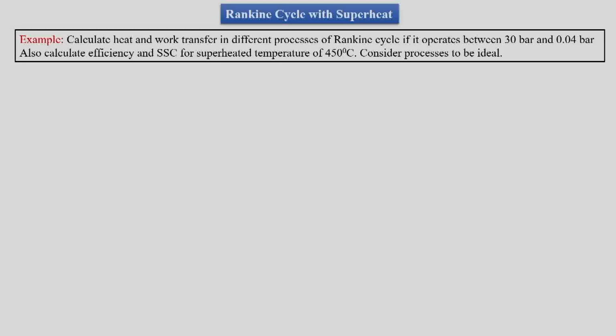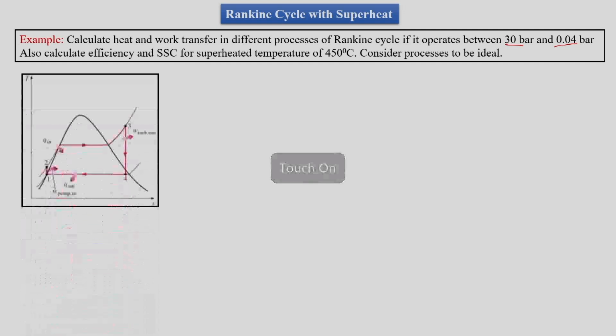So we will solve the same example as we solved earlier, but now we will see what happens to the efficiency, work transfers and heat transfer in the Rankine cycle if we have 450 degrees Celsius as the superheat. Here we have 30 bar and 0.04 bar as the pressures, as told earlier.